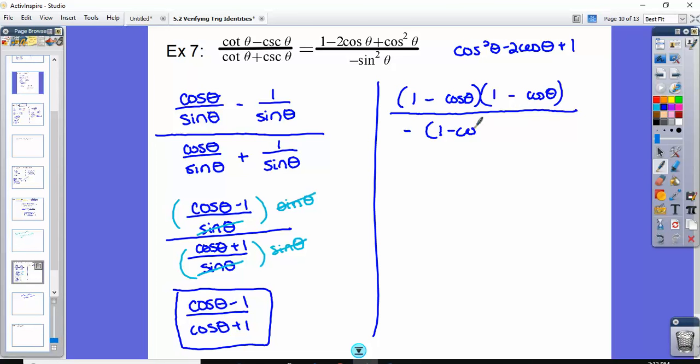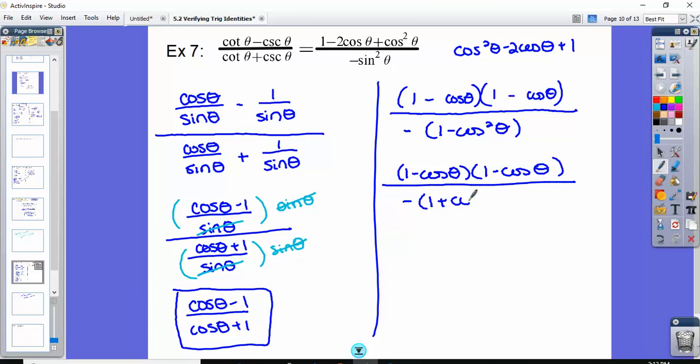So I am going to replace my sine squared with the 1 minus cosine squared. One minus cosine squared can be factored. That's a difference of squares. That factors into 1 plus cosine and 1 minus cosine. So these drop.